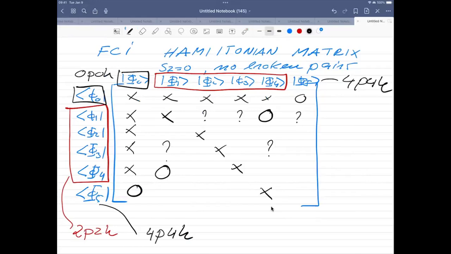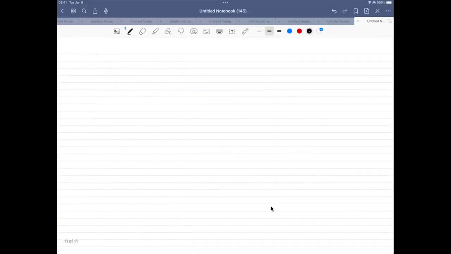That has to do with the type of excitations which we can make. So let me try to guide the eye a little bit. Now, the simplest case with these restrictions we have made, so no broken pairs, and the total spin projection equal to 0.